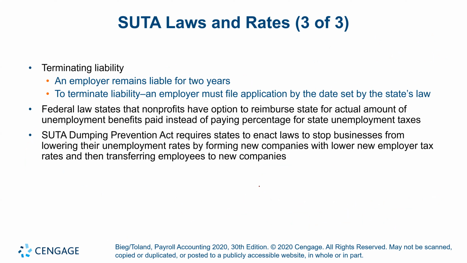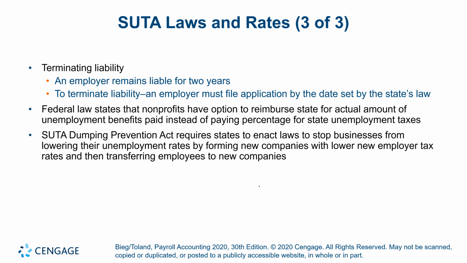Okay. Terminating liability, an employer remains liable for 2 years. To terminate liability, an employer must file application by the date set by the state's laws. This is talked about bottom of page 18, top of page 19.